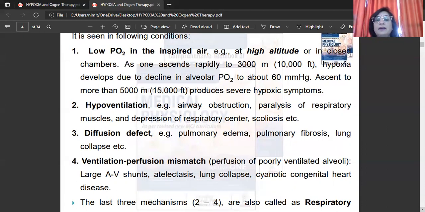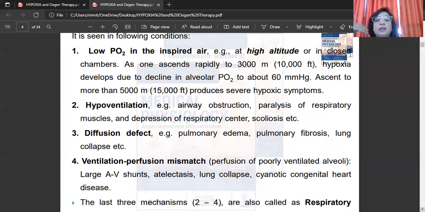Yes, at high altitude or in closed chambers. So whenever one ascends rapidly to around 3,000 meters, or around 10,000 feet, then hypoxia will develop.